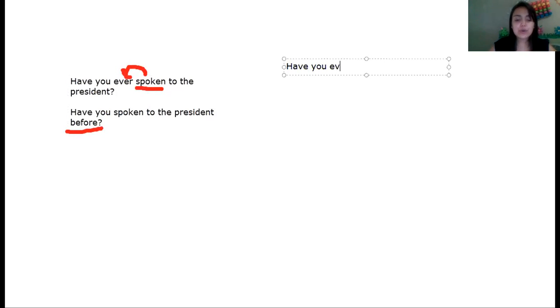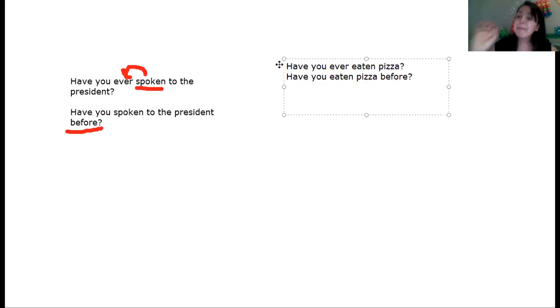Have you ever eaten pizza? Have you eaten pizza before? You see? Past participle. Here the verbs went in the past participle. Another one.